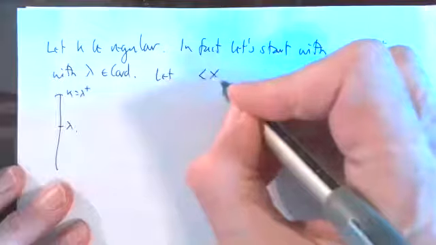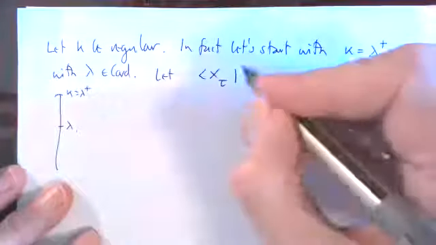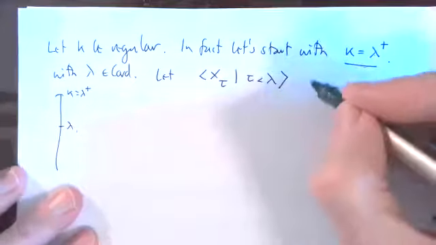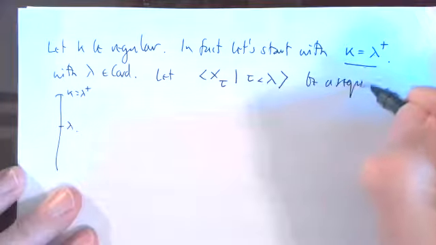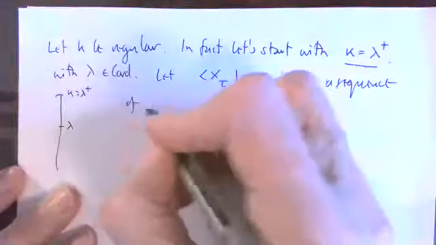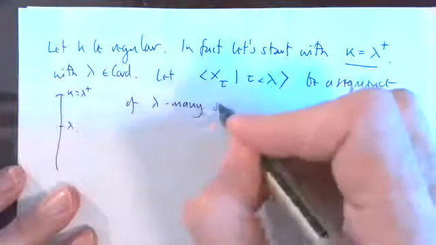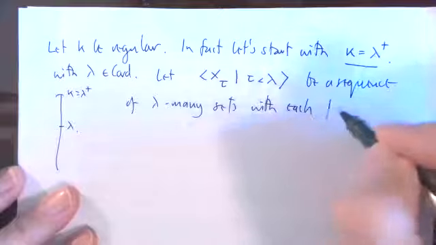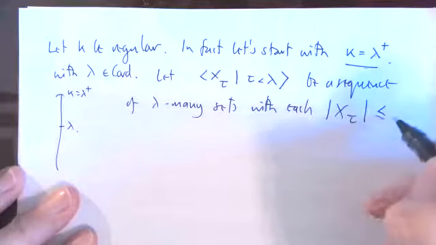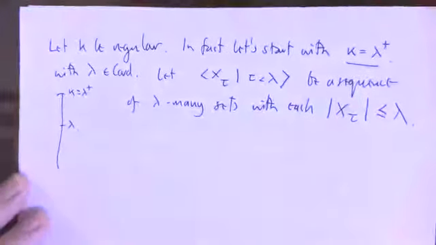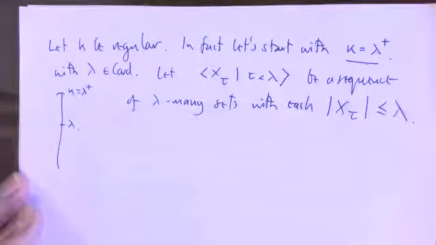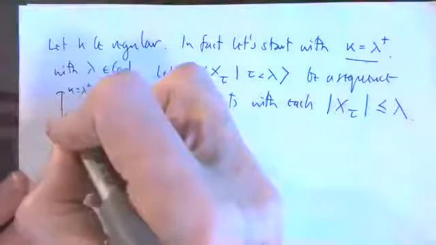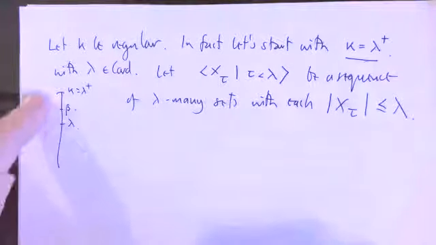So now let x_tau, for tau less than lambda, be a sequence of lambda many sets, with the cardinality of each x_tau less than or equal to lambda. Now you could say, well, what if beta is an ordinal that's less than kappa here.